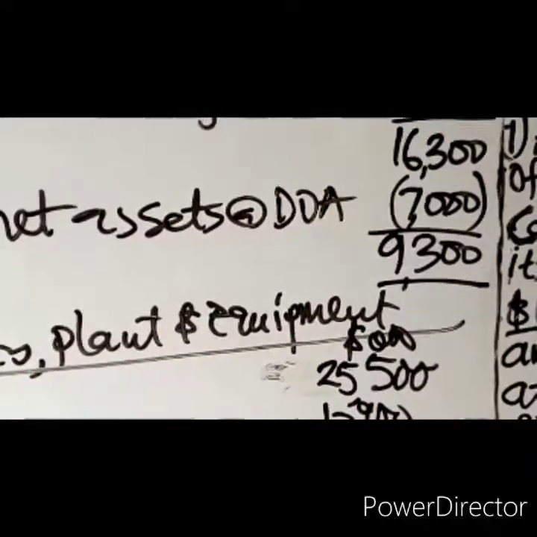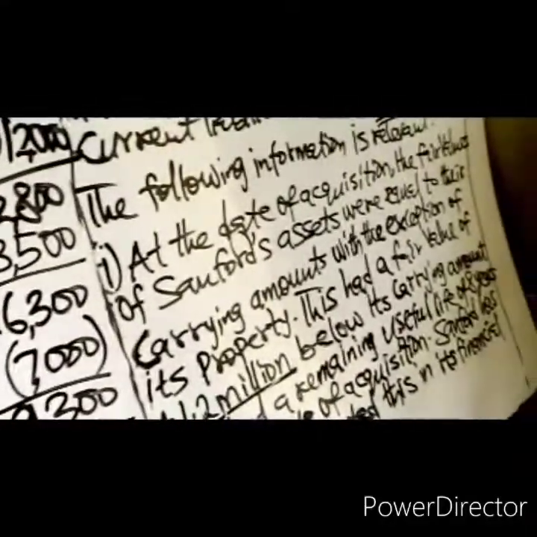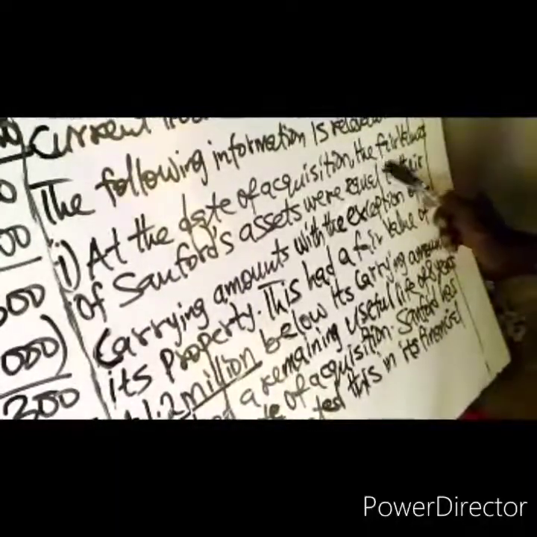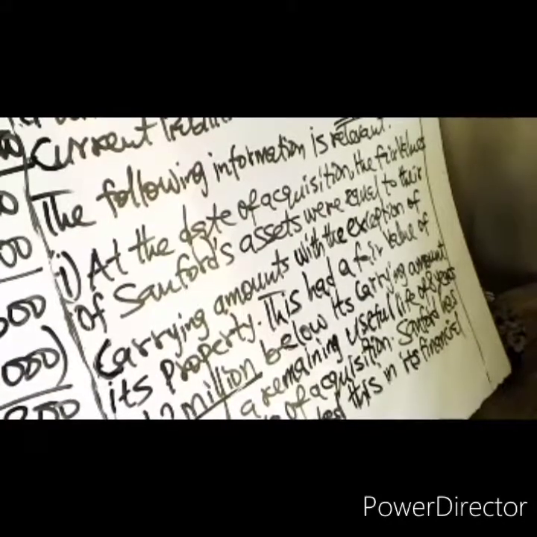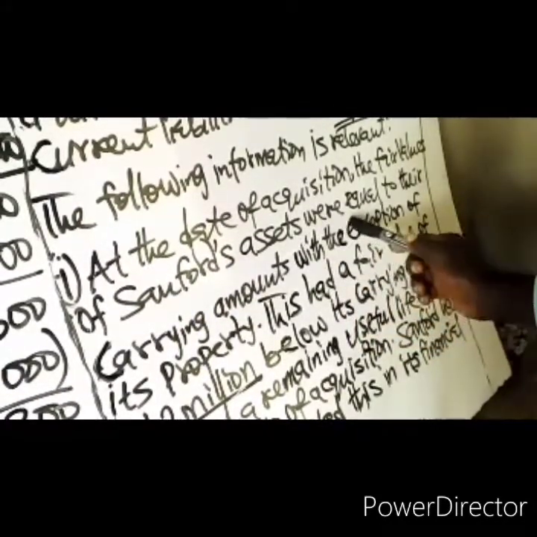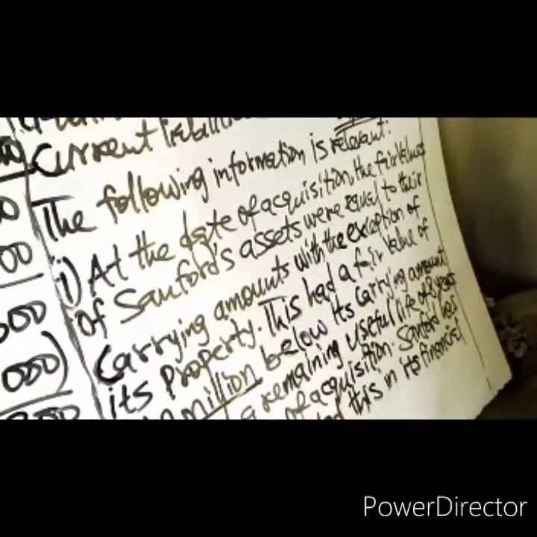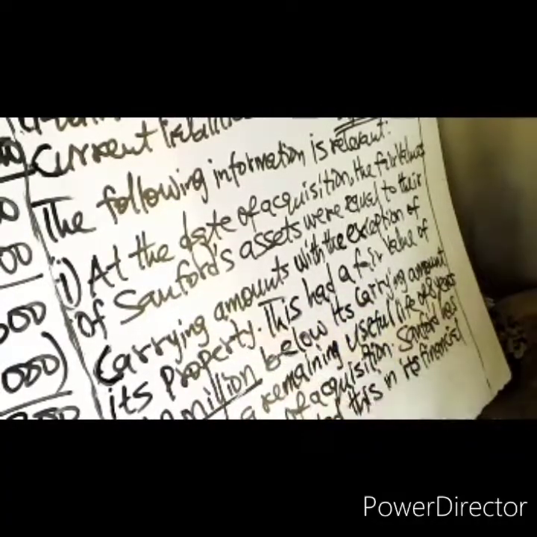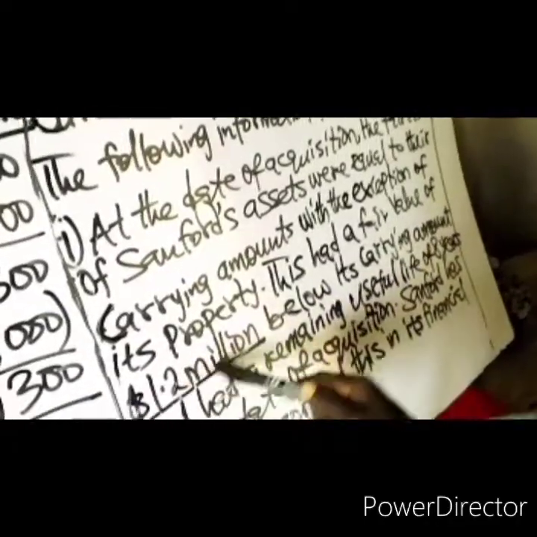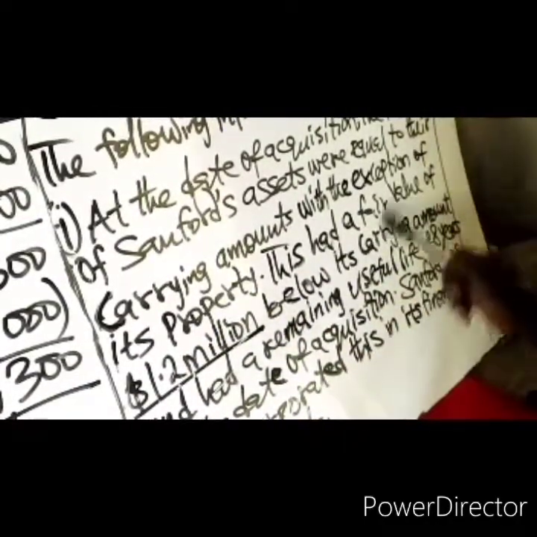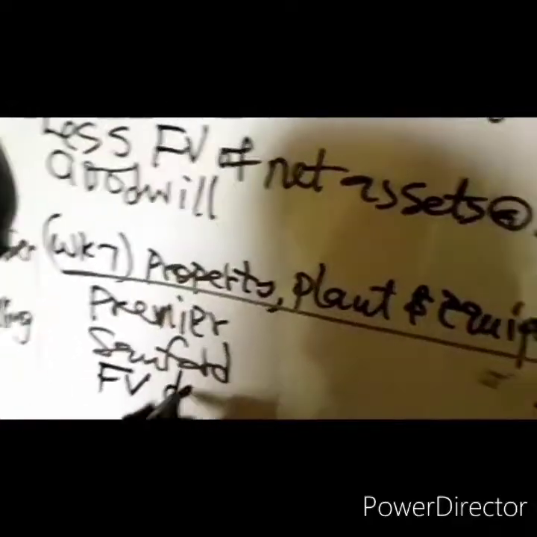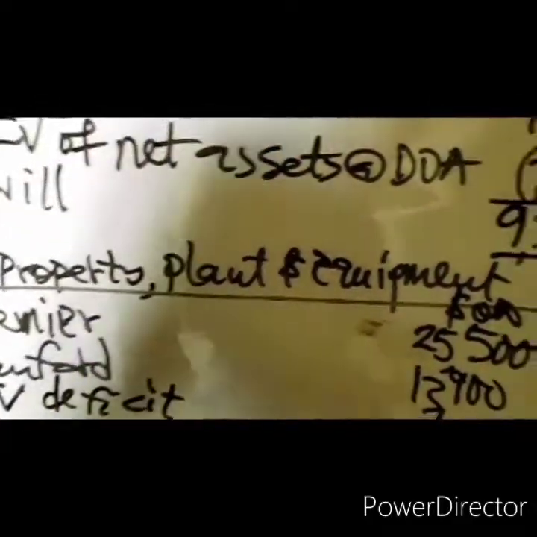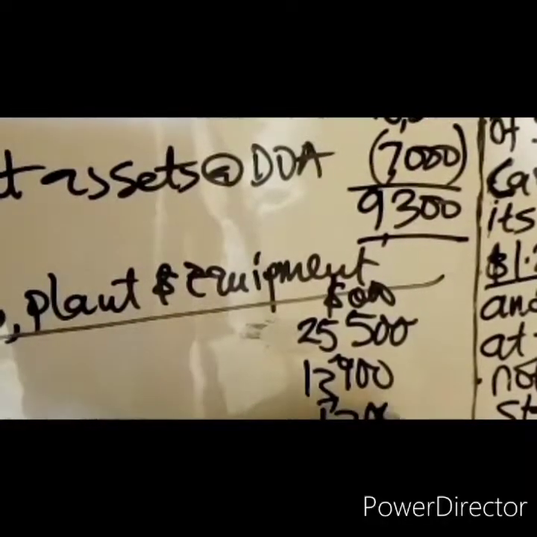Then in note 1, you were told that at the date of acquisition, the fair values of Sanford's assets were equal to their carrying amount, with the exception of its properties. This had a fair value of 1.2 million below its carrying amount. So meaning that there is a fair value deficit. Since it is below the carrying amount, you have minus 1.2 million.